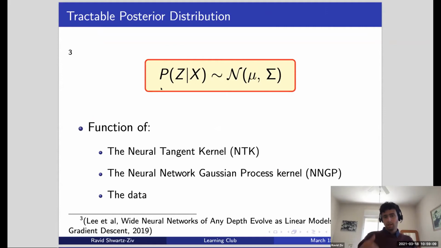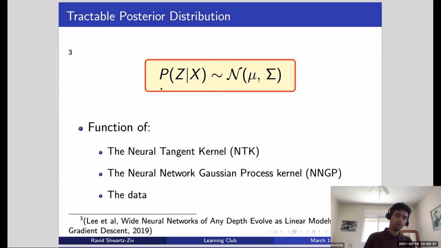So, as I said, we heard from this paper, we know that our posterior distribution Z given X is a Gaussian that depends only on two kernels, the Neural Tangent Kernel and the NNGP kernel, and our data. So we don't need to train the network, we can calculate.